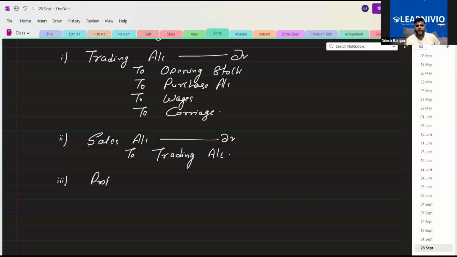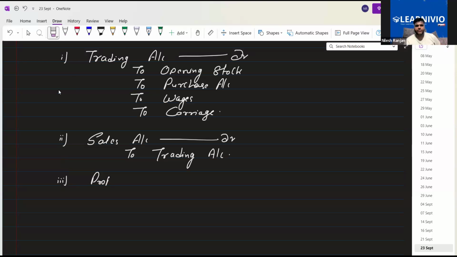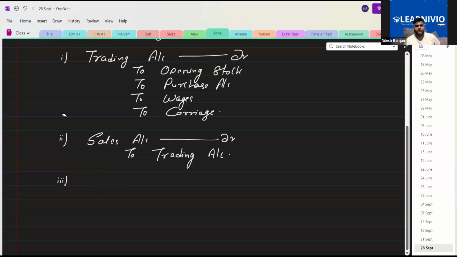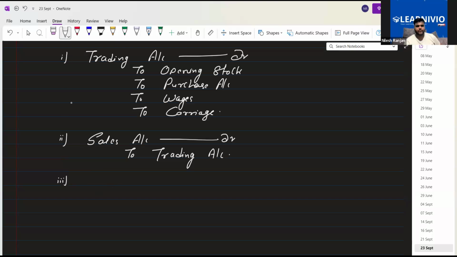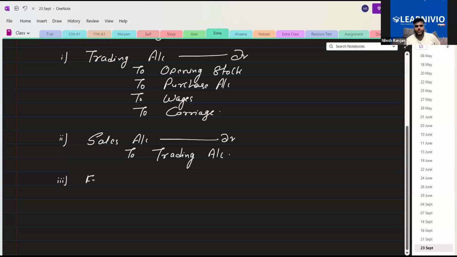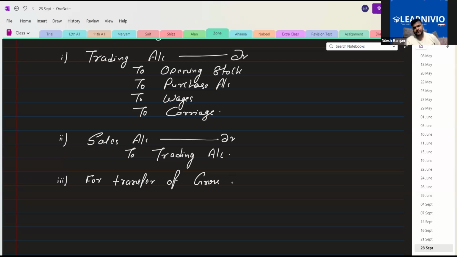First we transfer the balance of the trading account to the profit and loss account. So for the transfer of gross profit, it will be trading account debit to profit and loss.